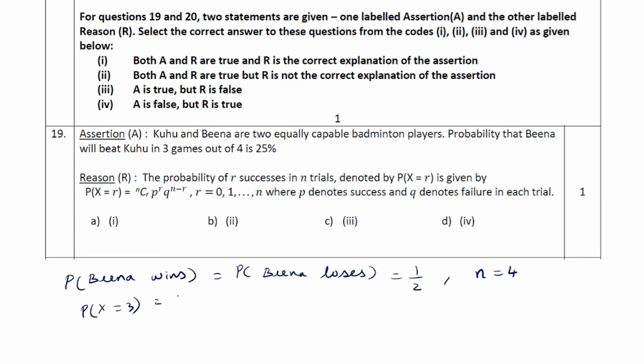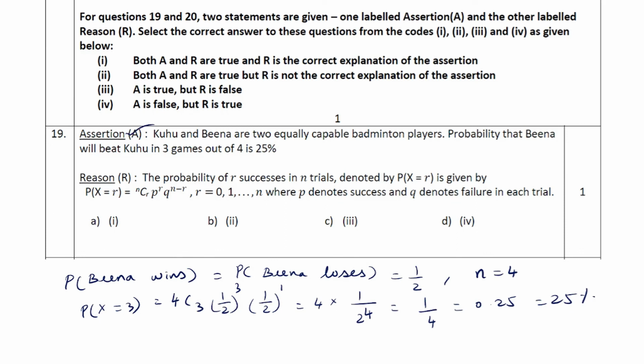It is equal to NCR. N is 4, C3. Then P is half, half raised to 3. Q is also half, half raised to 4 minus 3, which is 1. So this is 4 into 1 by 2 raised to 4. So this is equal to 1 by 4, which is 0.25 or 25%. So this is also true.